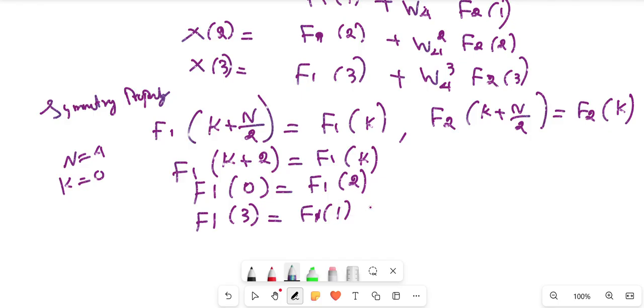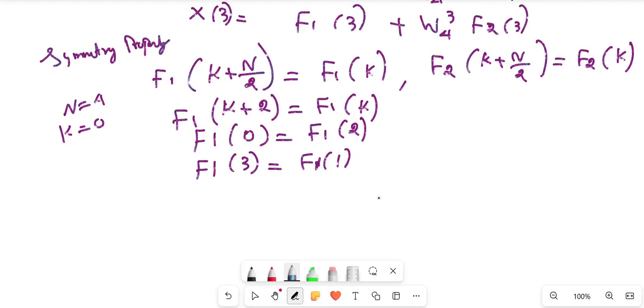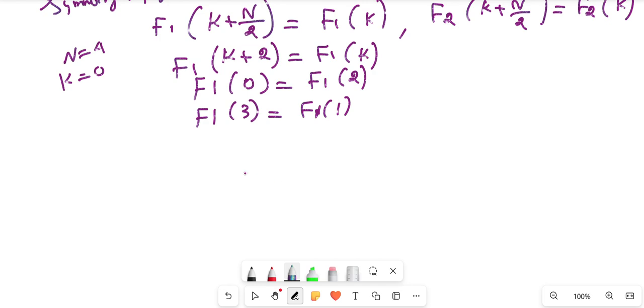So this is a simple 4-point computation. In a similar way, we will do it for the N equal to 8-point DFT. Each decomposition stage doubles the number of separate DFTs.